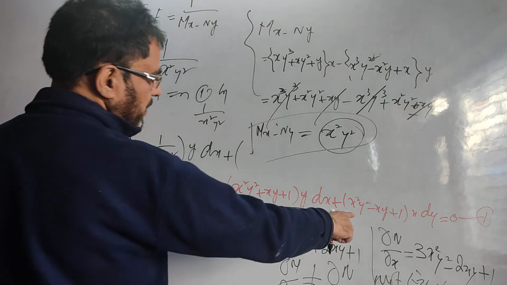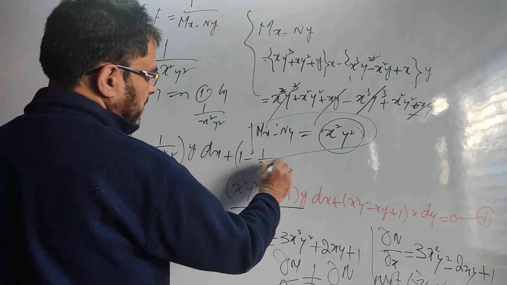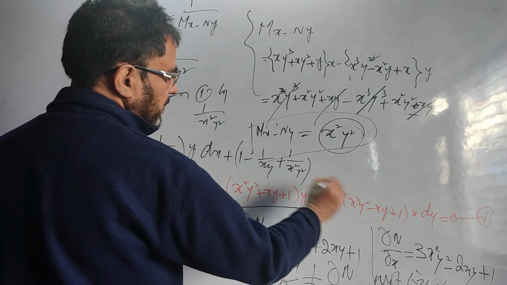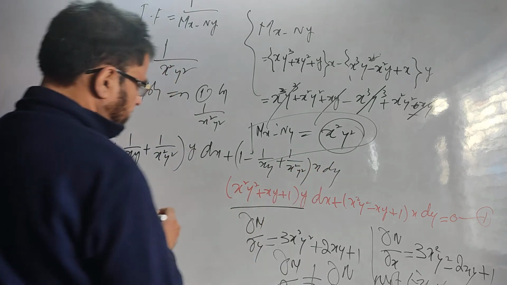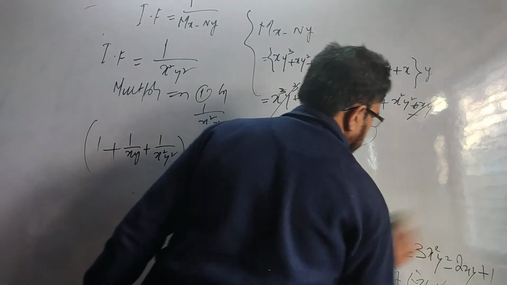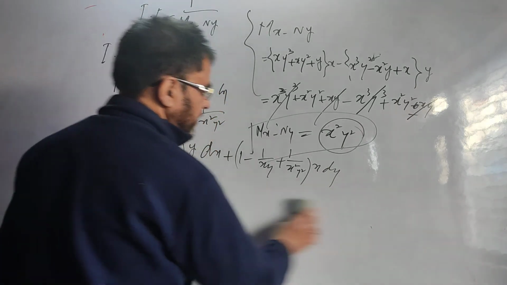Then plus, come here, it is 1 minus 1 by xy plus 1 by x square y square into x dy. This is now our transformed differential equation.